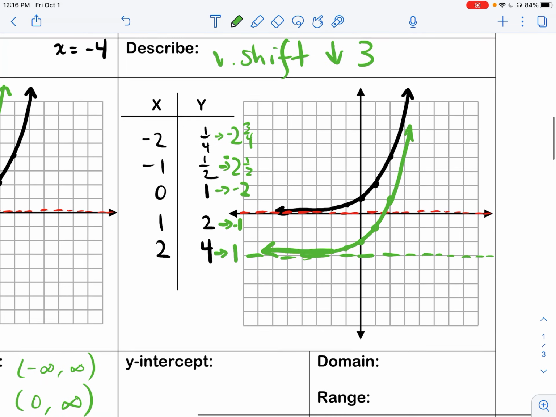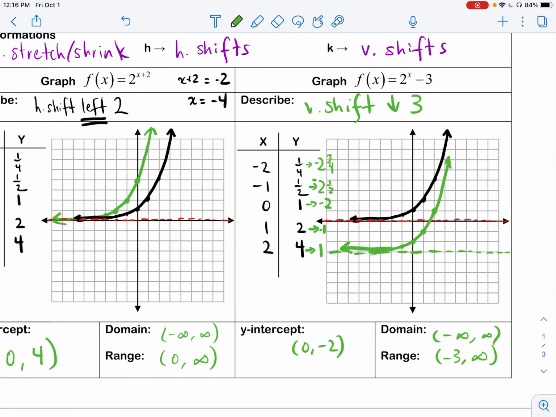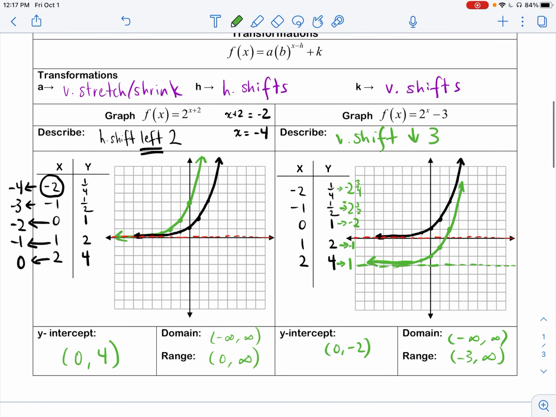That gives us a pretty good sense of what that vertical shift down 3 would look like and how it would impact our graph. Our y-intercept would then be (0, -2). Our domain is still all real numbers, that hasn't changed, but now that we have a vertical shift down 3, our range changes to -3 to positive infinity.